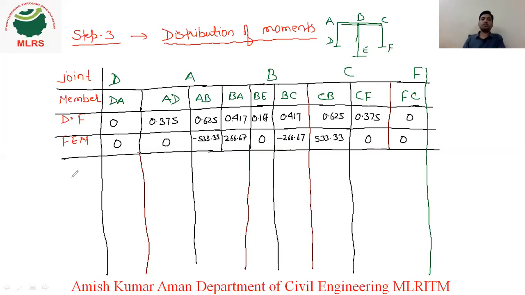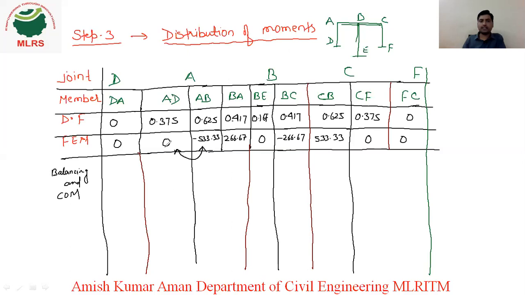Okay, now we will go for balancing and carryover moment. Step 1, up to here these are the things which we have already calculated. Now we are going for balancing the moments as well as carryover moments. At A, we have these two moments.